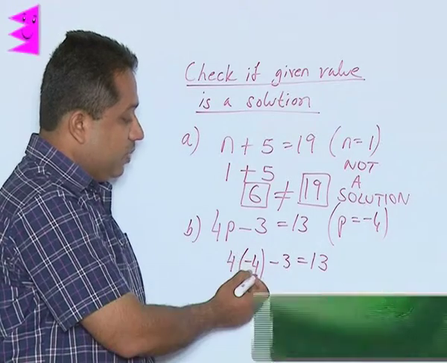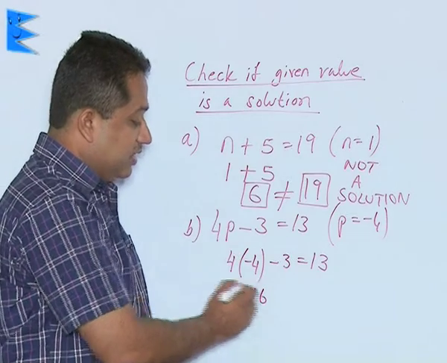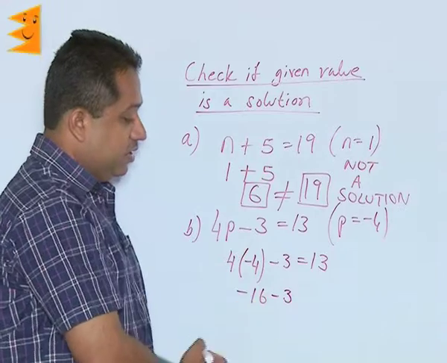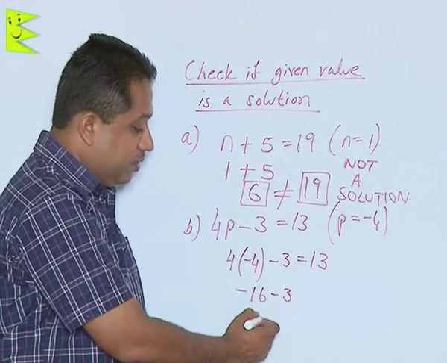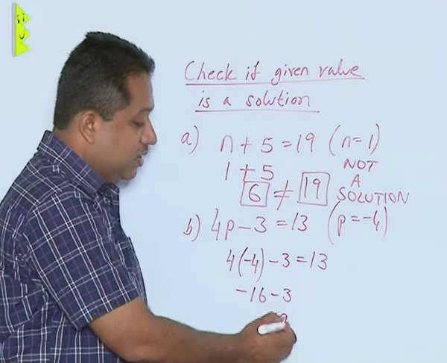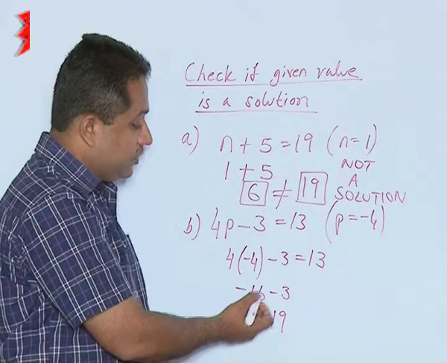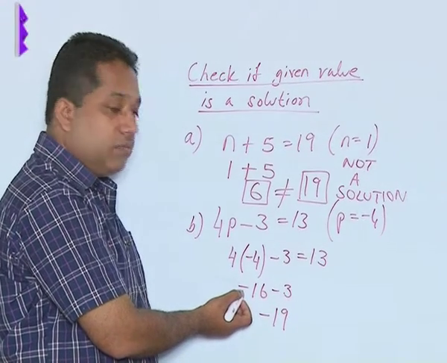Now, when we multiply 4 into minus 4, we get minus 16, and here we get minus 3. Now, minus 16 and minus 3, the result is going to be minus 19, because minus and minus means we will have to add the numbers. So, 16 and 3 is 19 and we have to put the sign of the bigger number, which is 16.